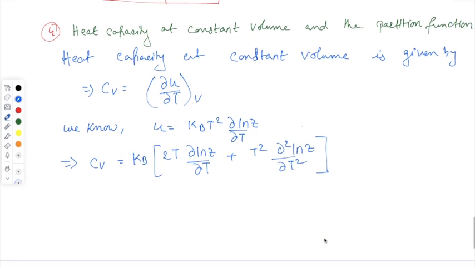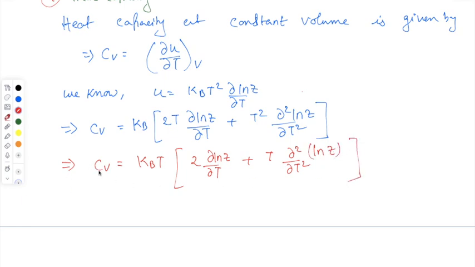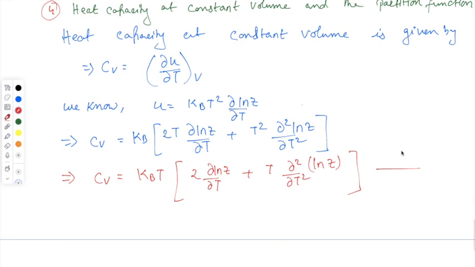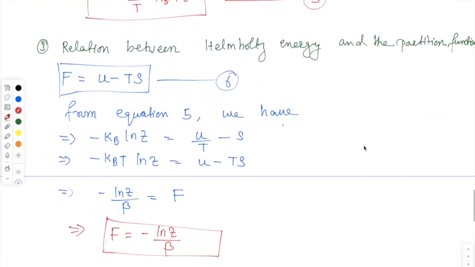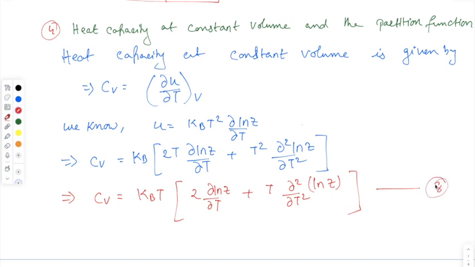So the heat capacity at constant volume is given by kB times (2T del ln Z by del T plus T square del square ln Z by del T square). This is equation number 7 and this is 8.